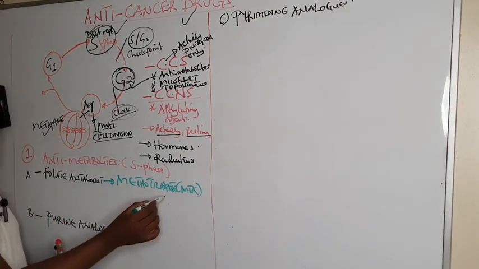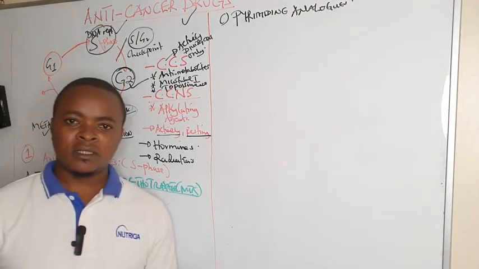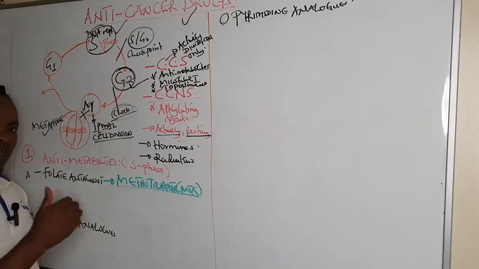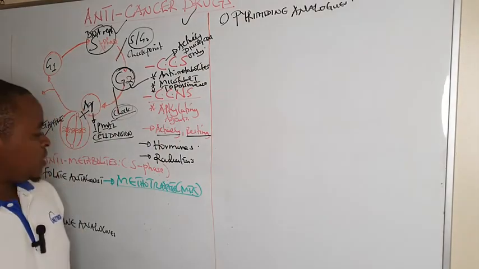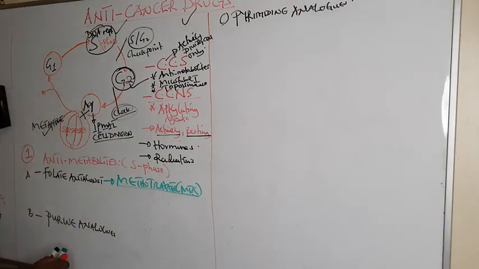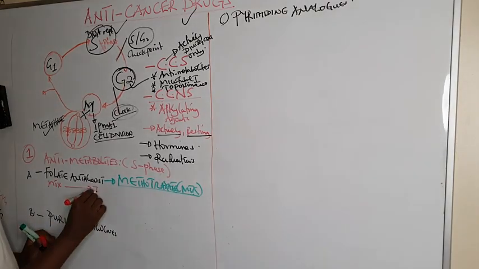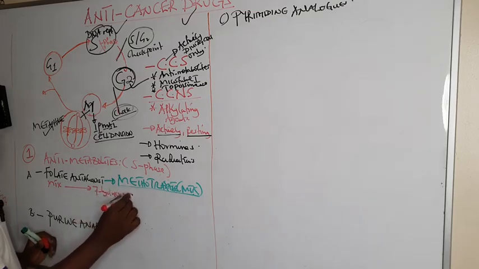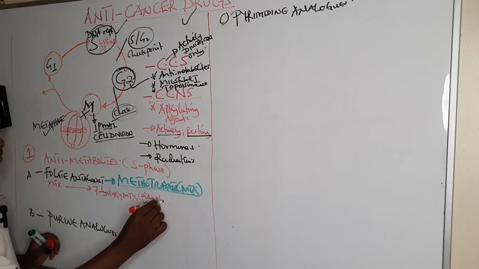This drug, methotrexate, is currently used widely for treatment of actively dividing cells in cancer. It is a prodrug: when taken, MTX is converted into an active metabolite known as 7-hydroxymethotrexate, or you can call it a polyglutamate.